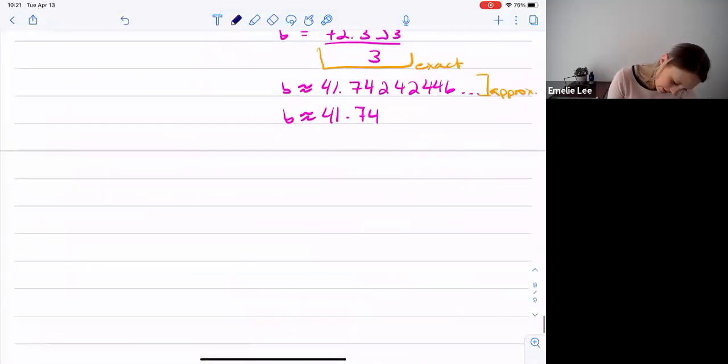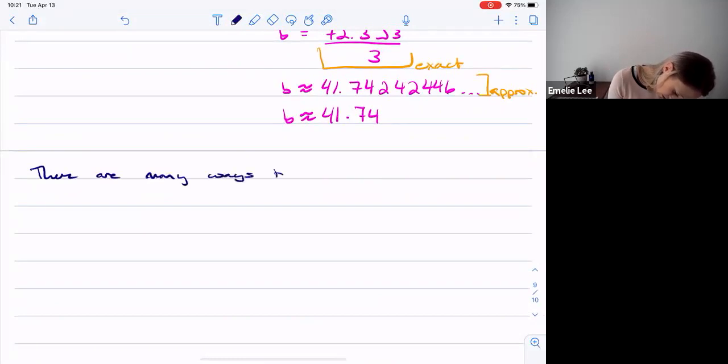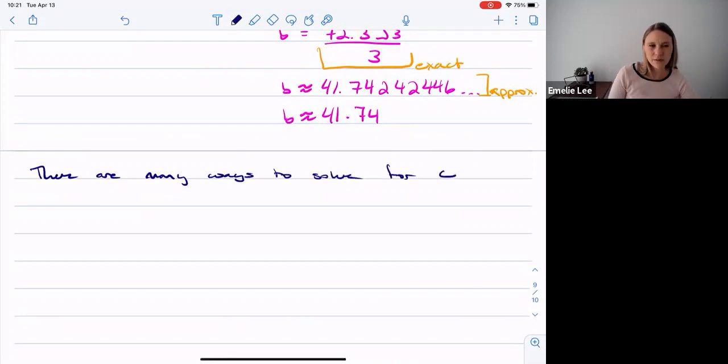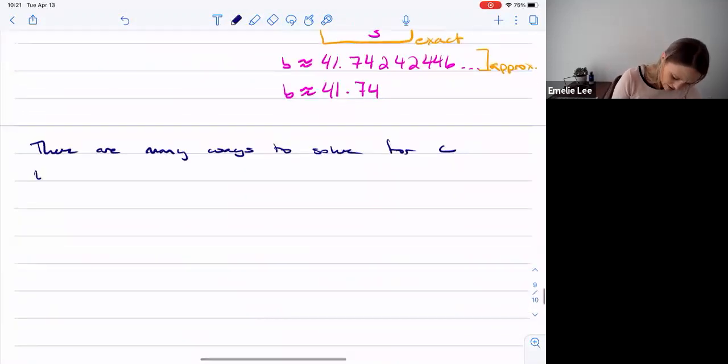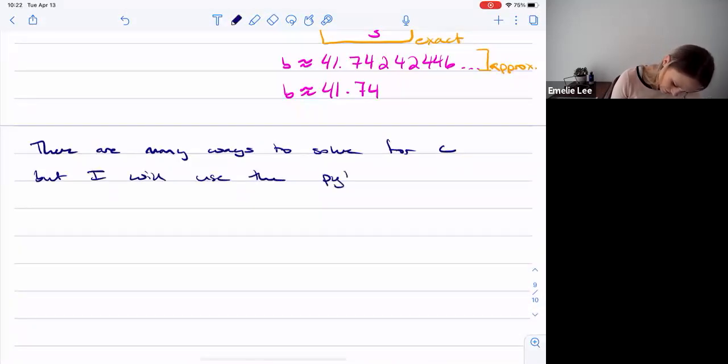There are many ways to solve for C, you can play around with it, but I will use the Pythagorean Theorem.